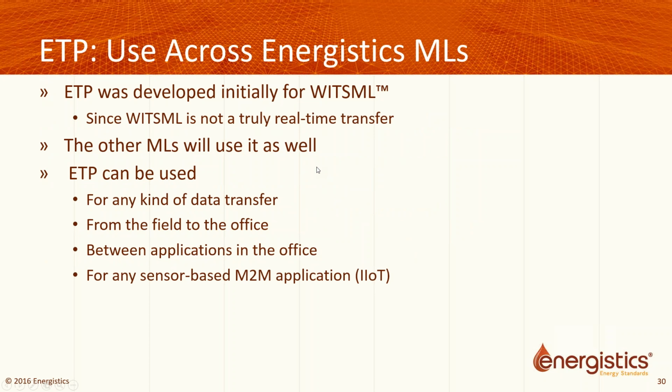ETP was originally developed for WITSML, but in fact it's going to be used for all of the MLs, and we're starting to get some interest actually even outside the oil and gas industry. On the bottom you can see this Industrial Internet of Things, the IIoT.